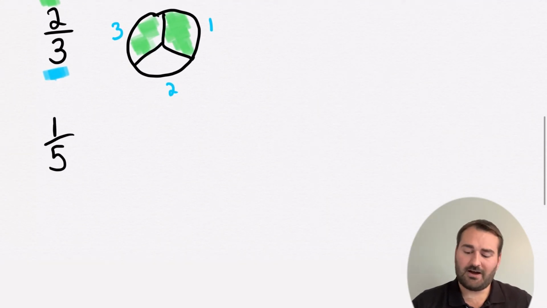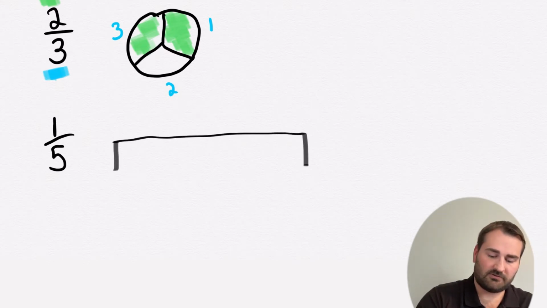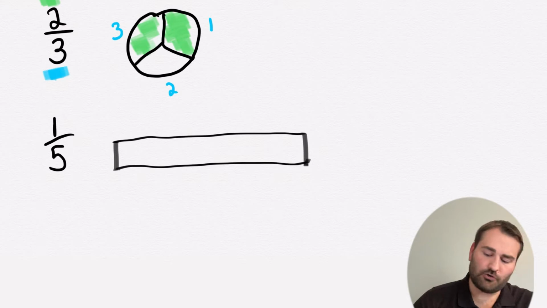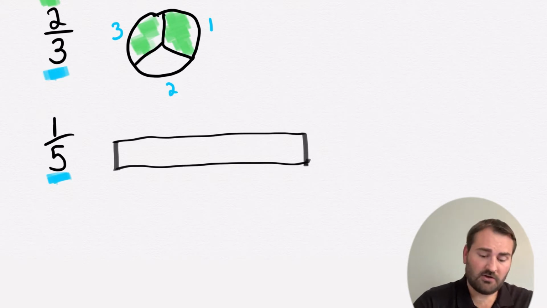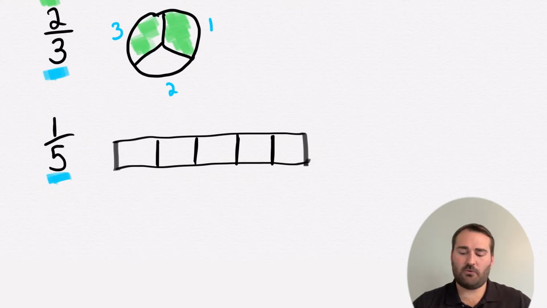Finally, 1/5. Again, I told you it doesn't have to be a circle, so let's do one that's not a circle. We have our rectangle now. And our denominator says to break this rectangle into 5 even pieces. Again, they might not look even, but they're even, trust me. So let's break this into 5 even pieces. Close enough. Now we look at the numerator. The numerator is going to tell us how many to shade in.